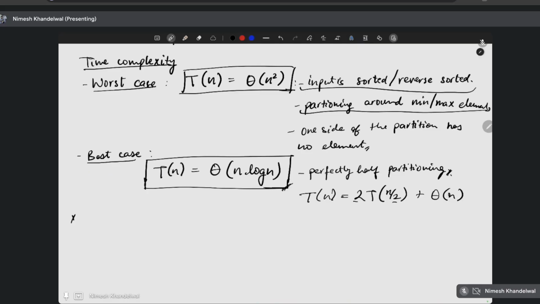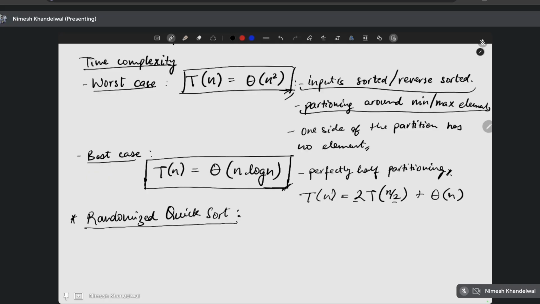And the variation that was discussed to avoid this worst case scenario was randomized quicksort.